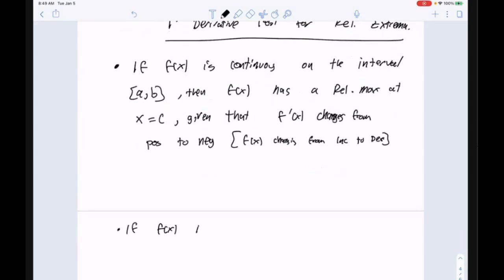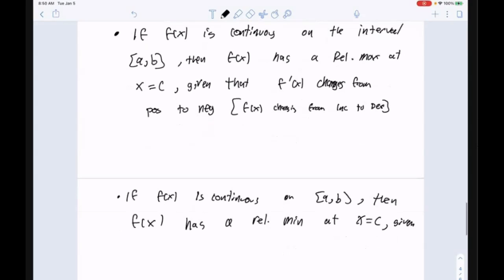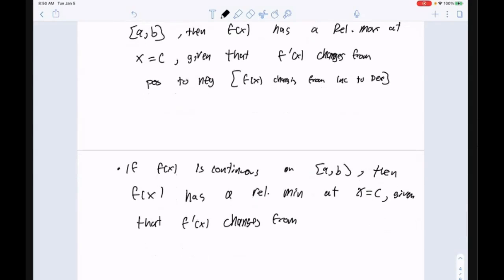If f of x is continuous on a to b, then f of x has a relative min at x equals c, given that f prime of x changes from negative to positive.